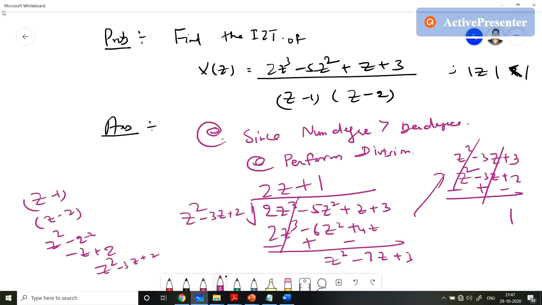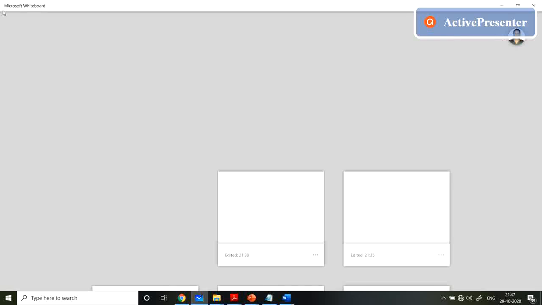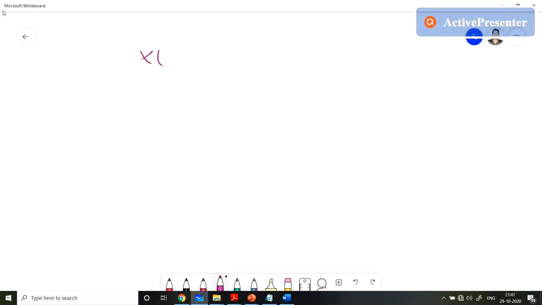So finally X(z) is equal to 2z plus 1 plus 1 divided by (z minus 1)(z minus 2). This is our result after the long division.